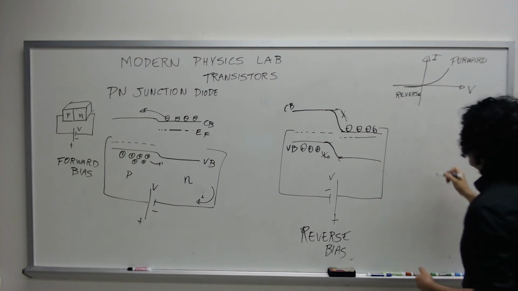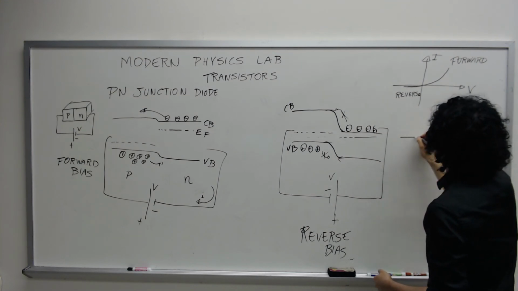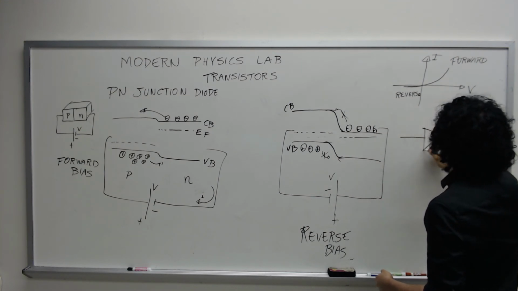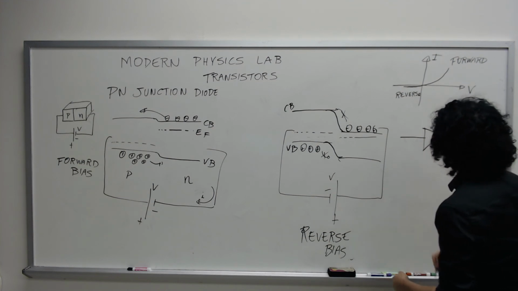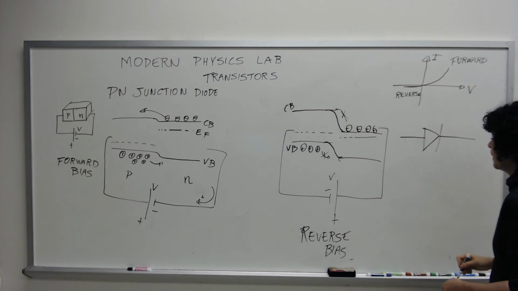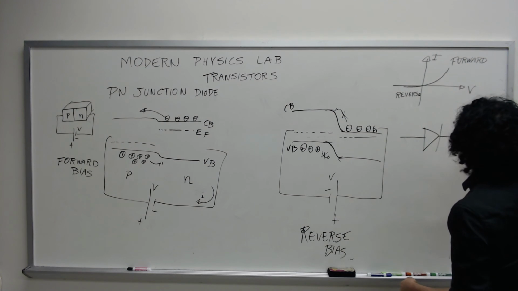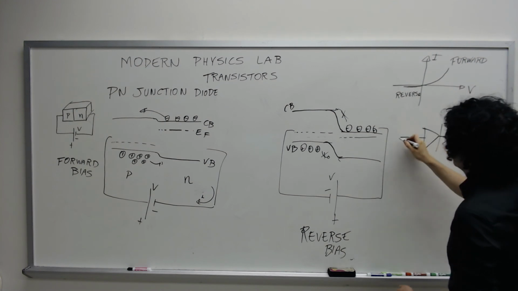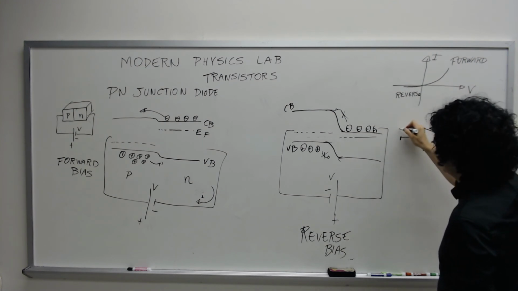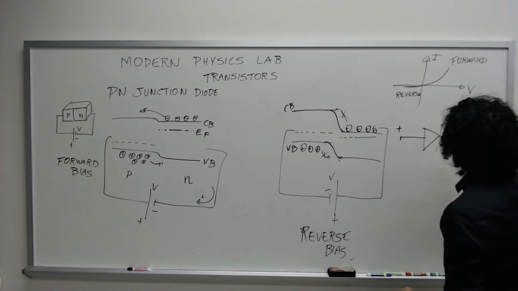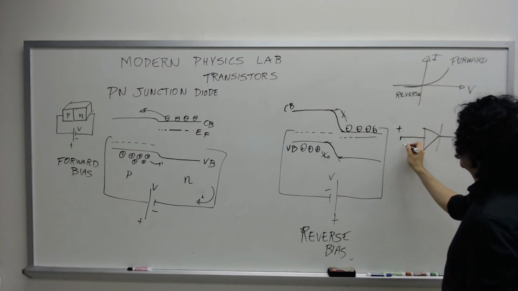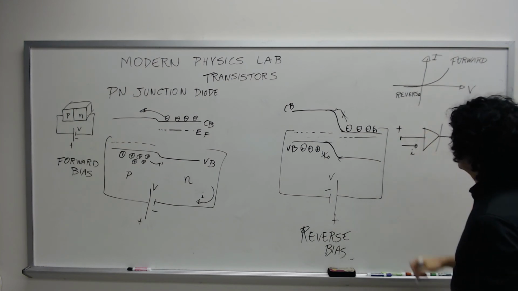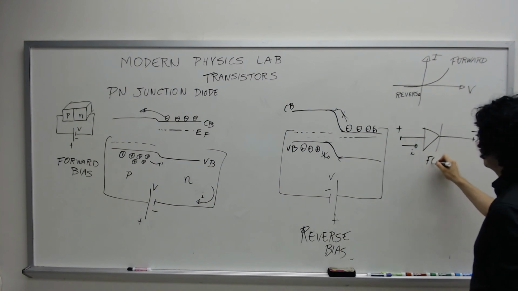And you can represent this by this symbol. So the PN junction diode has this symbol, and if you apply here plus, here minus, the charges can only flow this way in the forward configuration.